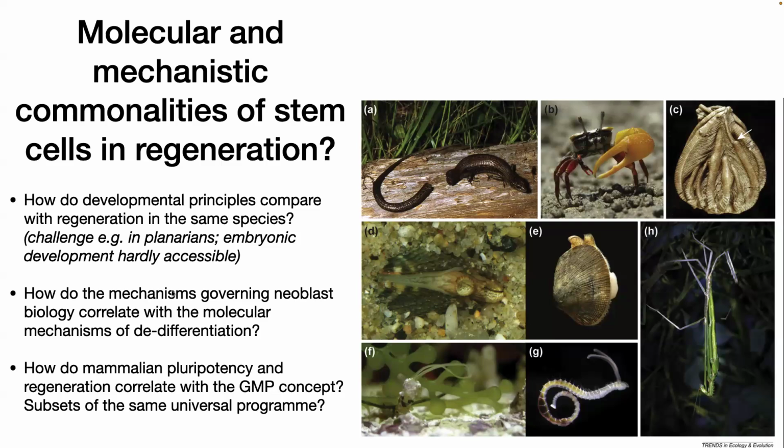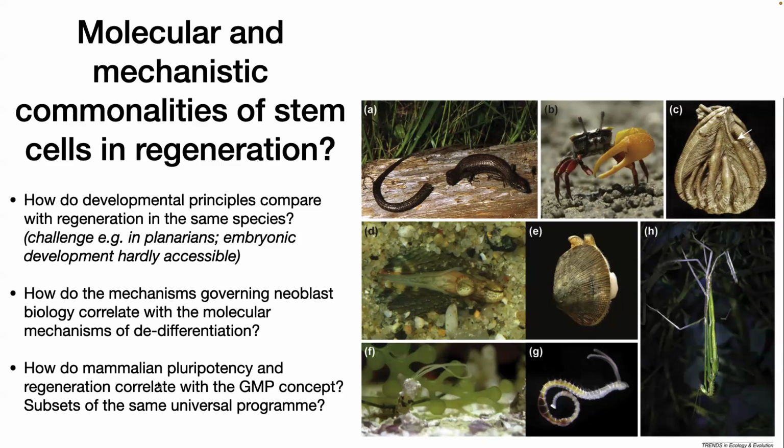Is there any common ground? Is there any commonality in the systems that govern neoblast pluripotency and the mechanisms that govern the dedifferentiation in systems where dedifferentiation happens?